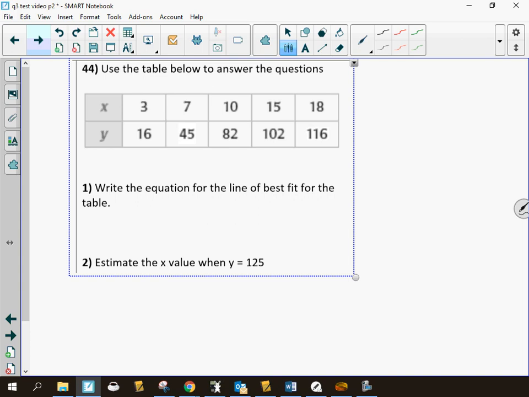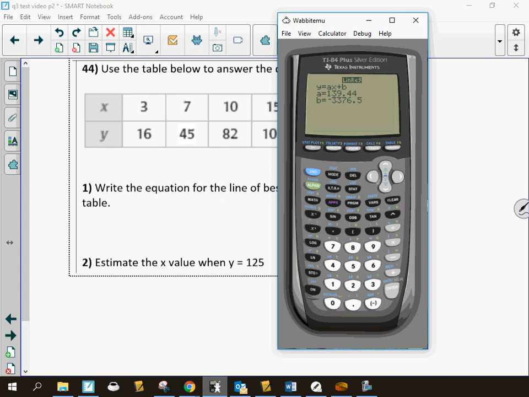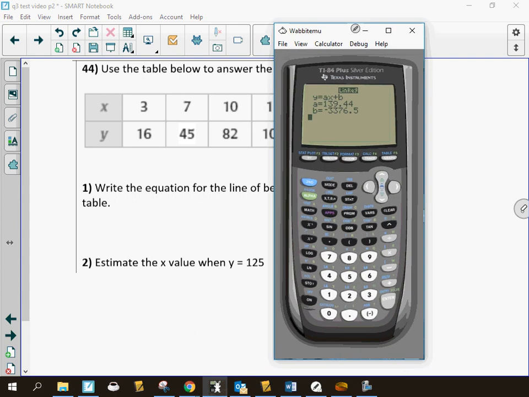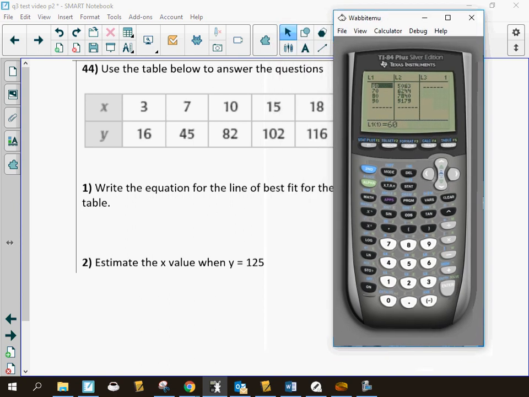This is once again just the same type of problem. Oh, whoops. Still have the pen on. So stat, edit, put the data in. 3, 7, 10, 15, 18.